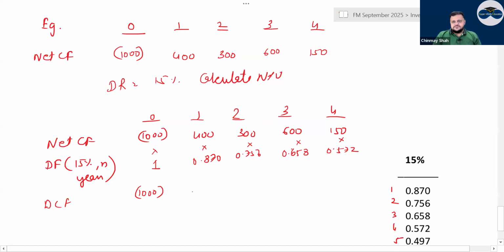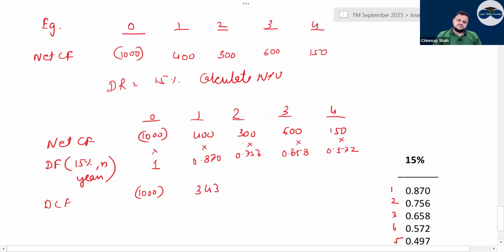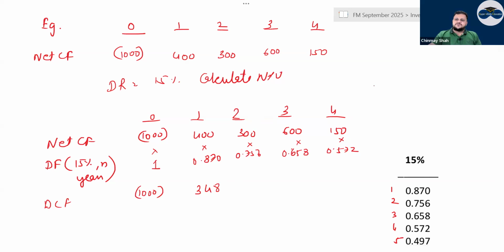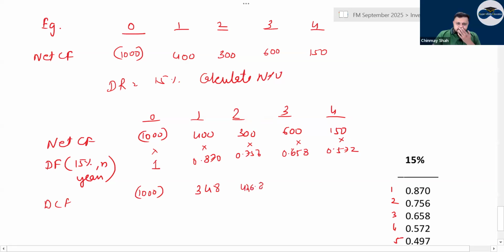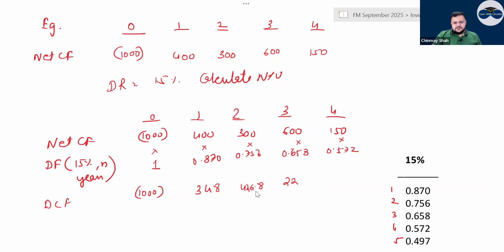Say it. 348. 348, sir, as you say. 300 into 0.756: 226.8. 600 into 0.658. So 226.8 is the second year's cash flow, okay, is that what you want to say?